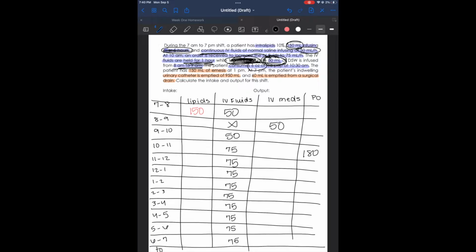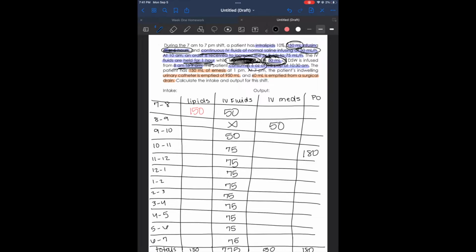Now in our very bottom here, let's write up our totals of each column. Okay, so lipids, 150. IV meds are 50. PO is 180. So here in our IV fluids, we're doing 75 for 9 hours, plus our 50, plus our 50, so we should get 775.